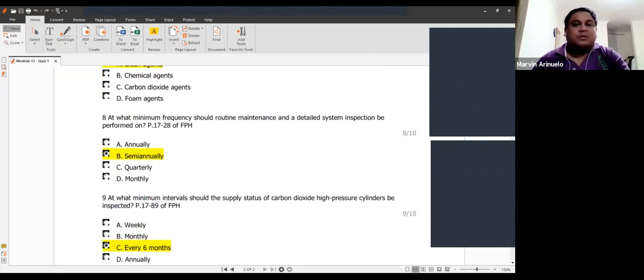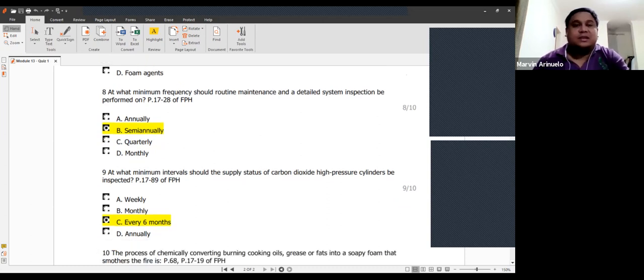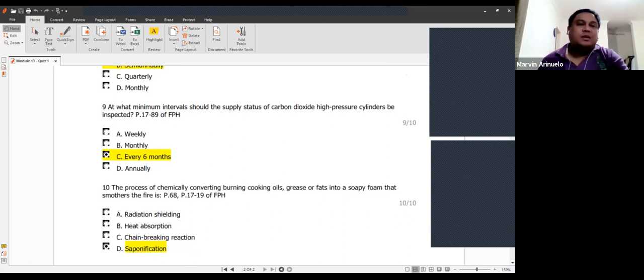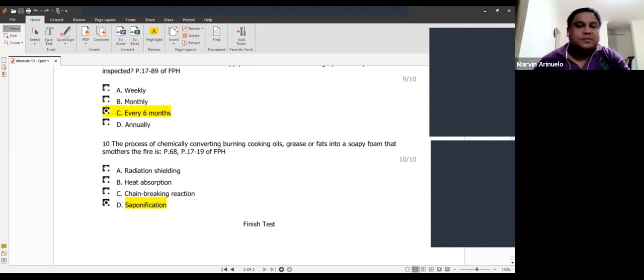At what minimum frequency should routine maintenance and detailed system inspection be performed? We just discussed, semi-annually. What minimum interval should the supply status of carbon dioxide high pressure cylinder be inspected? We just discussed also, every 6 months.